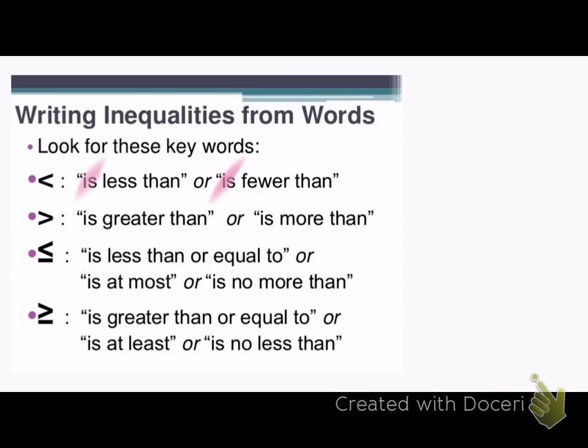Students in Algebra 1 do not have to retest if their test score is at least 75%. That would become the inequality T greater than or equal to 75%.